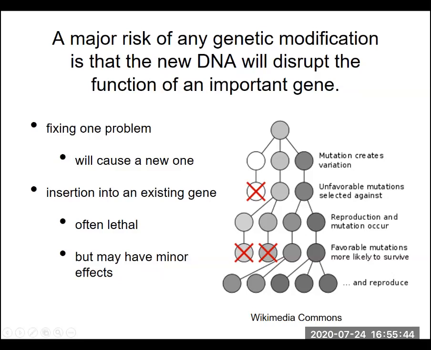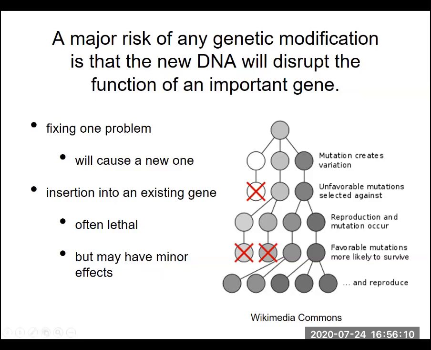And so because of that, we're going to do this lots and lots of times, ultimately ending up with a favorable mutation down here in a line that we're going to continue. So if we look at this diagram, we put it in here, and then sometimes it's going to be unfavorable. Sometimes it's going to be lethal, sometimes it's going to cause a minor effect, but a lot of times when we do this, it's going to disrupt the cell and kill it off.